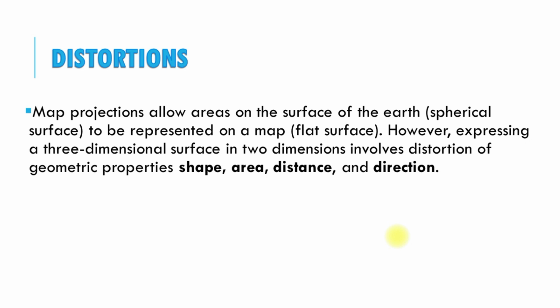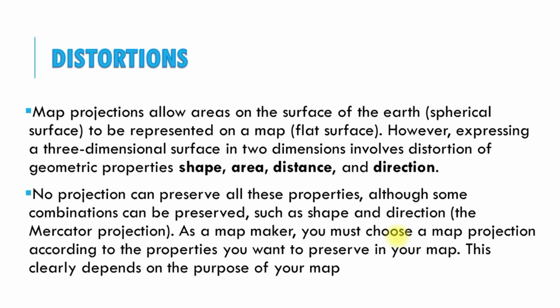So, when we make a projection of our geographic map, which is based on longitude and latitude degrees, we lose one of these four characteristics, and our output projected map will preserve either the correct shape of the country, or the area of the country, or the distance between two points, or the direction. Only a few types of projections can preserve at least two of these properties. No projection can preserve all these properties.